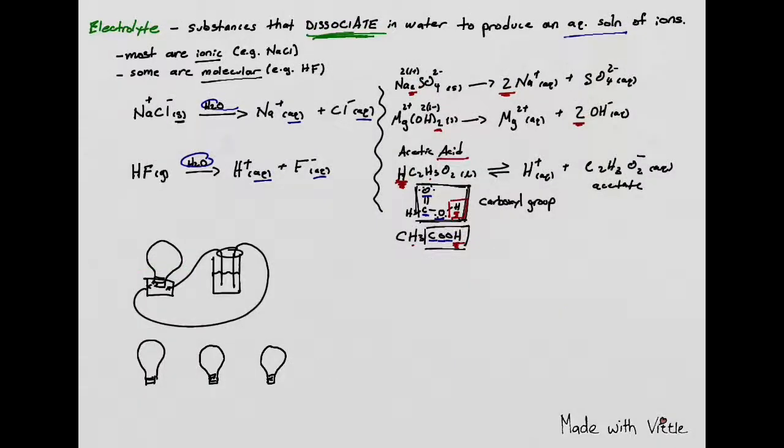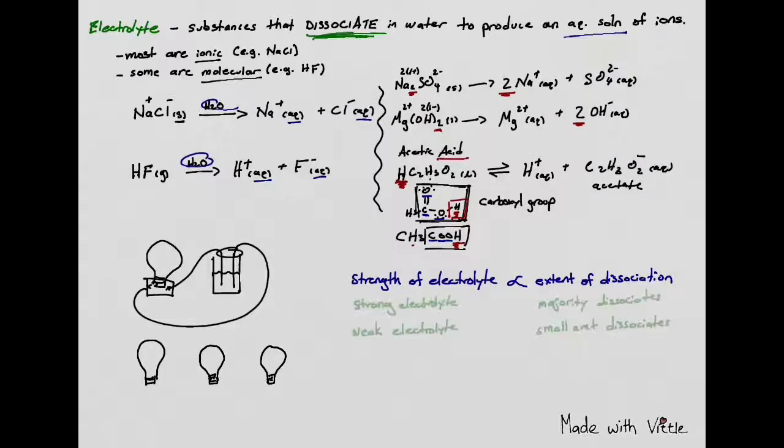One of the properties of a solution that contains electrolytes is that it is capable of conducting electricity. How well it conducts that electricity is dependent on how strong the electrolyte is. The strength of an electrolyte is directly proportional to the extent of dissociation that occurs for that particular compound.